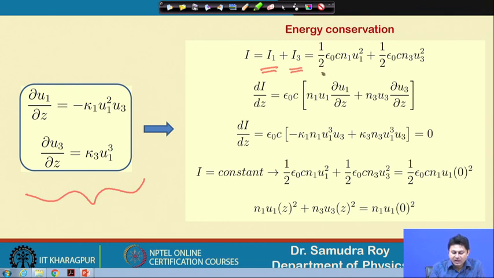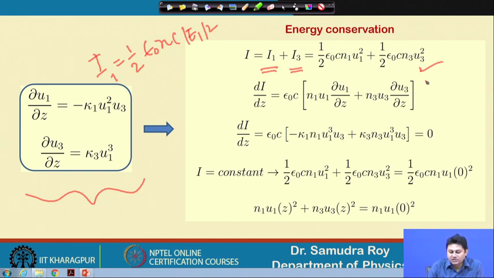I can write it as half epsilon 0 c n1 u1 squared, because we are using this expression almost every day, so by now I believe you are in a position to appreciate it. Mod of E1 squared is nothing but u1 squared. In a similar way, mod of E3 squared is equal to u3 squared.